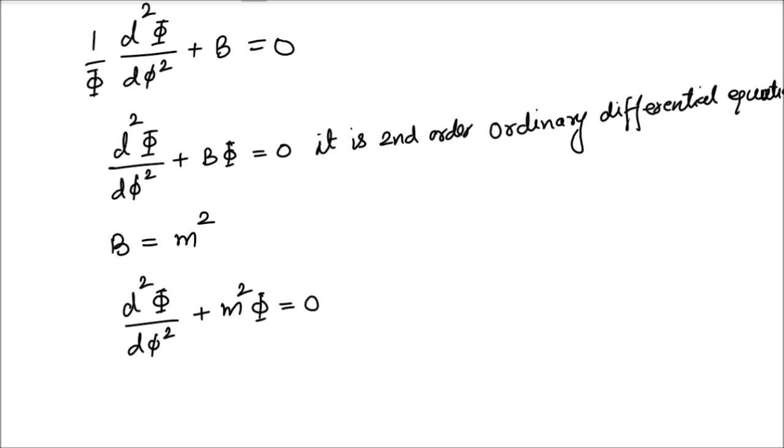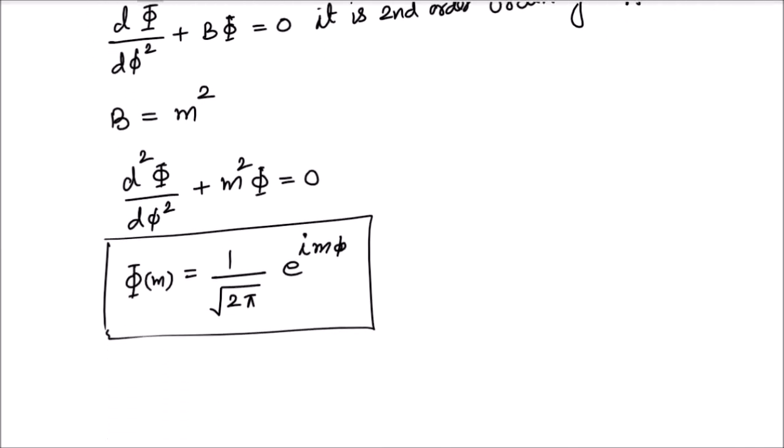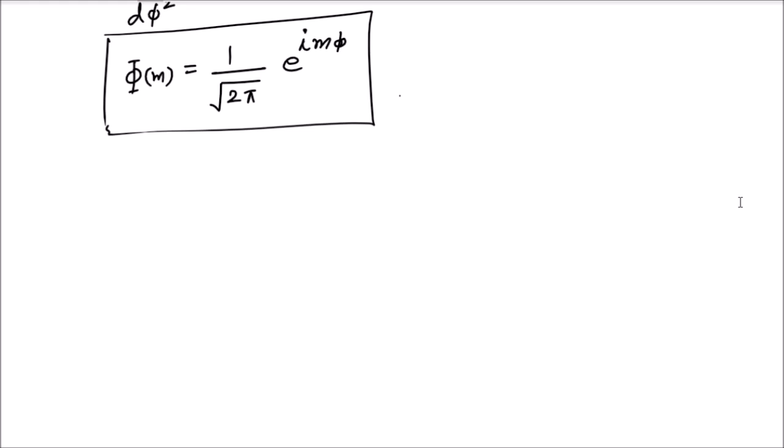And what was the function of phi? This we have calculated, we solved it in the rigid rotor part: 1/√2 pi e raised to iota m phi. So this is the solution of the first equation. We have already done this in the rigid rotor system.